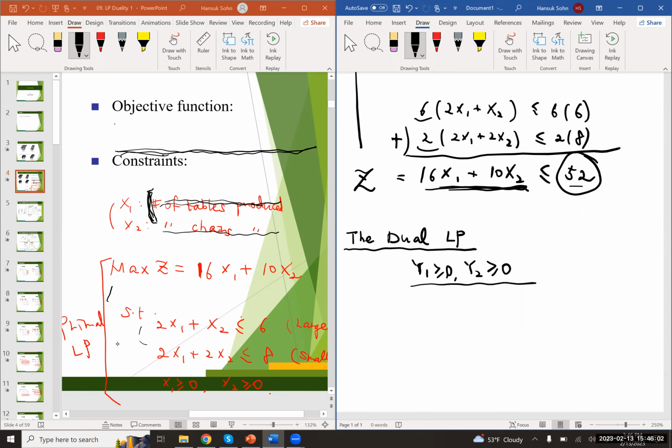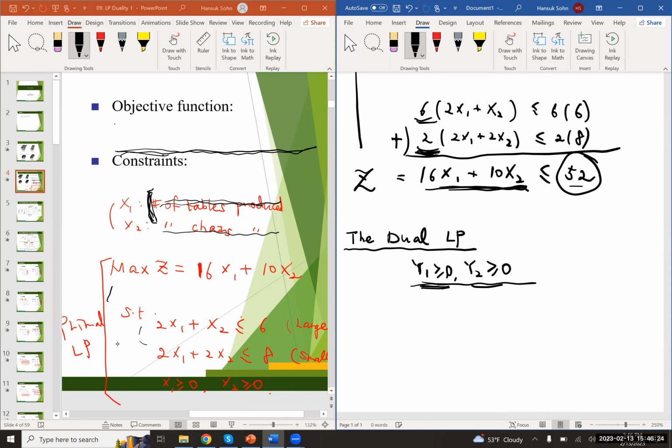Let's say we multiply the first constraint by y1. In our case, the y1 value is equal to 6. And the second constraint by y2, which in our case equals 2.